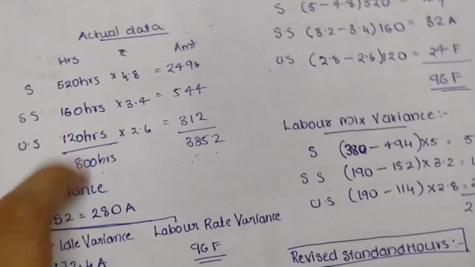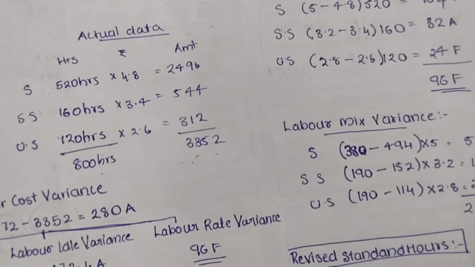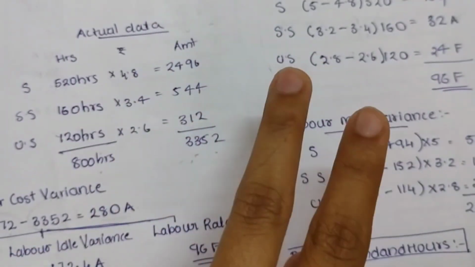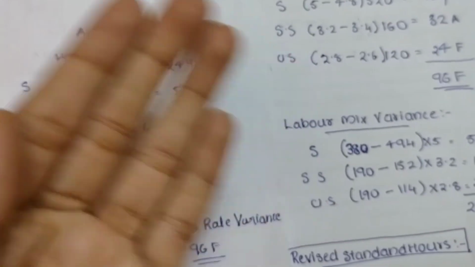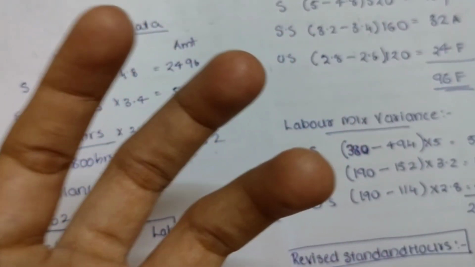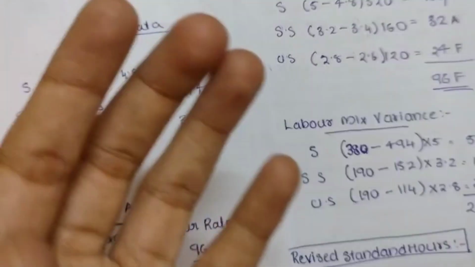Actual hours means this actual hours, not the actual hours worked. Actual hours worked is considered for two things, especially for idle variance, and the next is for labor efficiency variance. Since labor efficiency variance is the analysis of the efficiency of the labor, we have to know the hours they actually worked, right? So we have to take actual hours worked in that case.